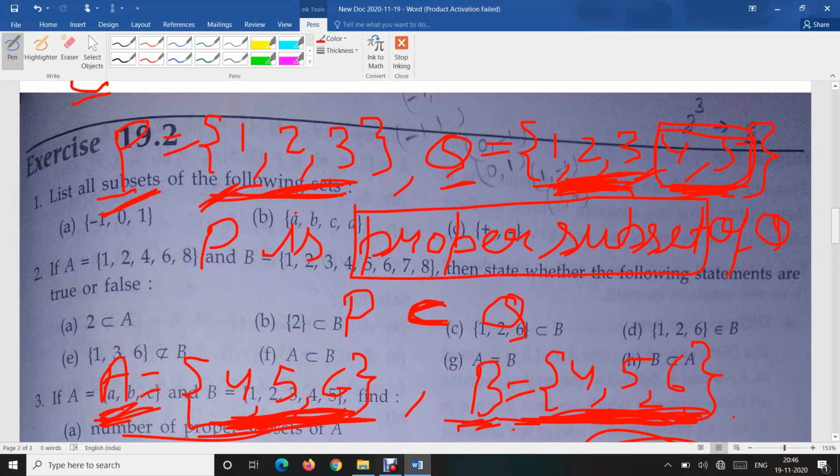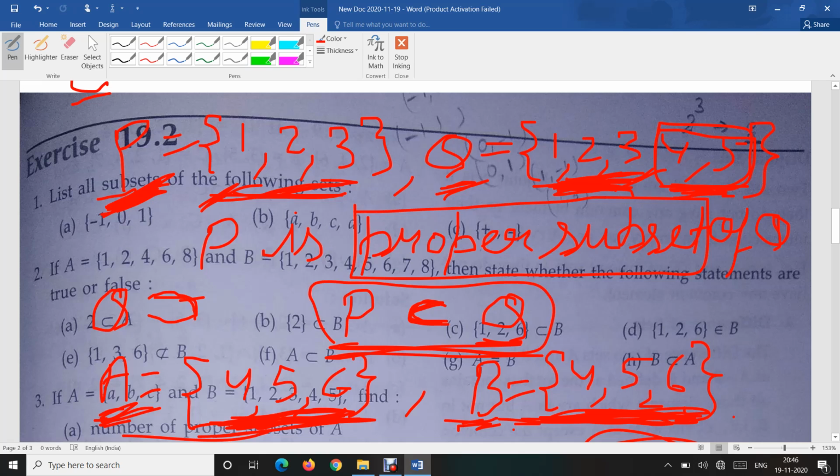Here we have P is the subset of Q. We can see that all the elements of set P are present in set Q. So we can say that P is the proper subset of Q. If P is the proper subset of Q, then we can also write it as Q and this sleeping U and P. This is the same thing, because the open side of this U is towards Q in both cases.